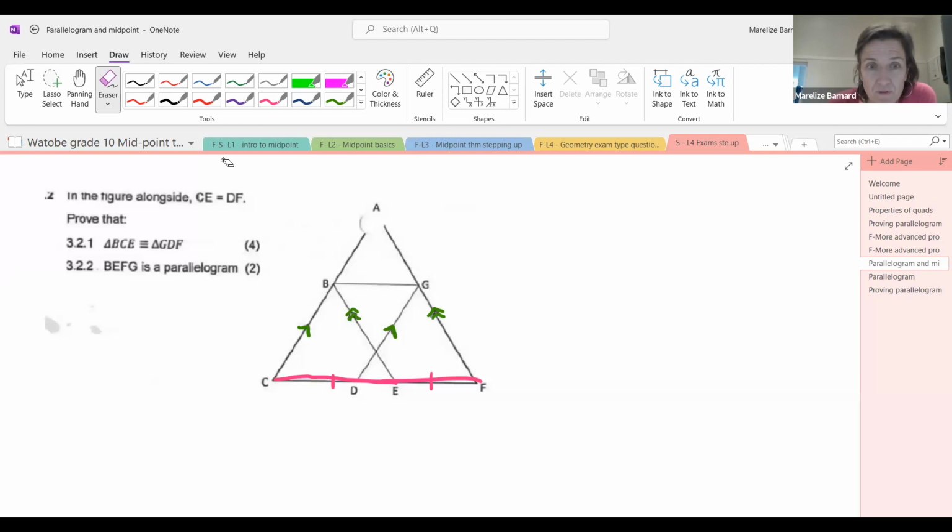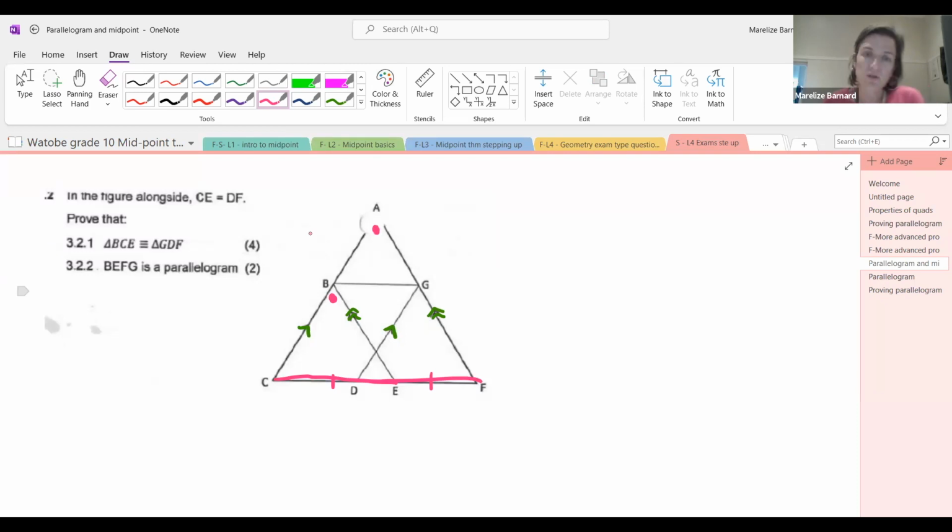So for those two triangles that we need to prove congruent, we've got a pair of equal sides, CE equal to DF. But we've got lots of parallel lines, which means we can find some angles that are equal. So this angle CBE, we can say it's equal to angle A. I don't know if that's useful.